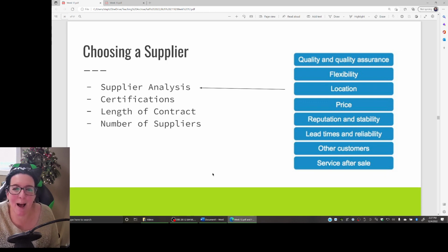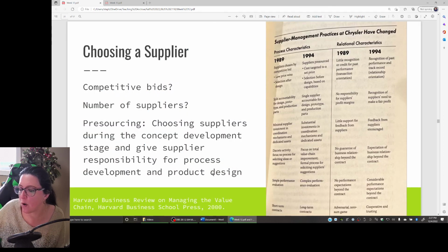So you've got to decide how many suppliers you're going to have. Are you going to have one, like the Toyota production system, where they essentially move onto your production campus with you for the long term? Or are you going to have lots of suppliers? So are you going to put it out for a competitive bid? Maybe you're going to have a supplier who is involved with you before you even start to manufacture your product.